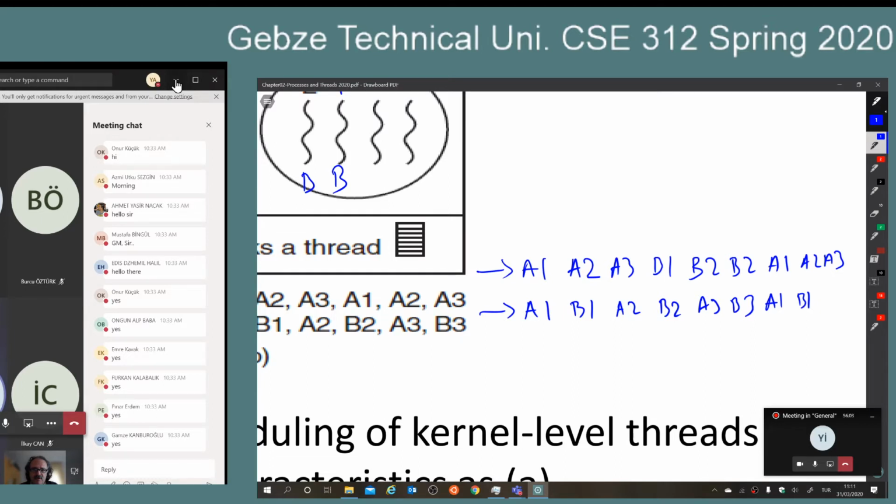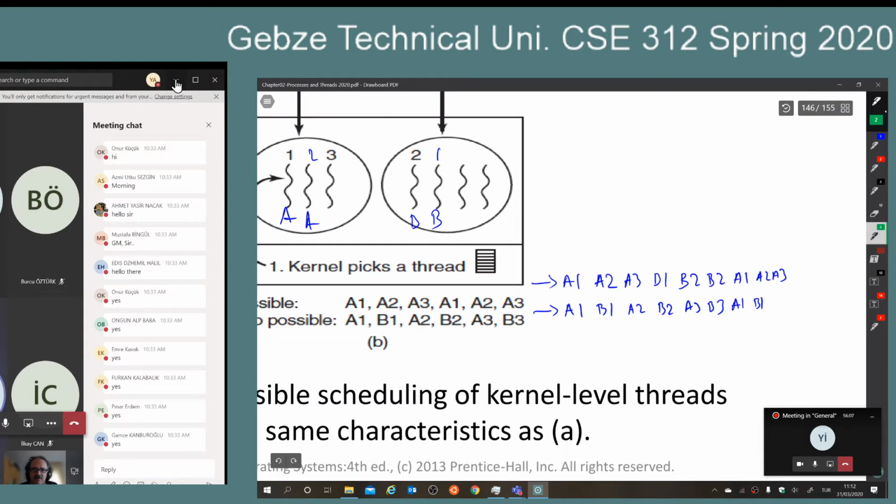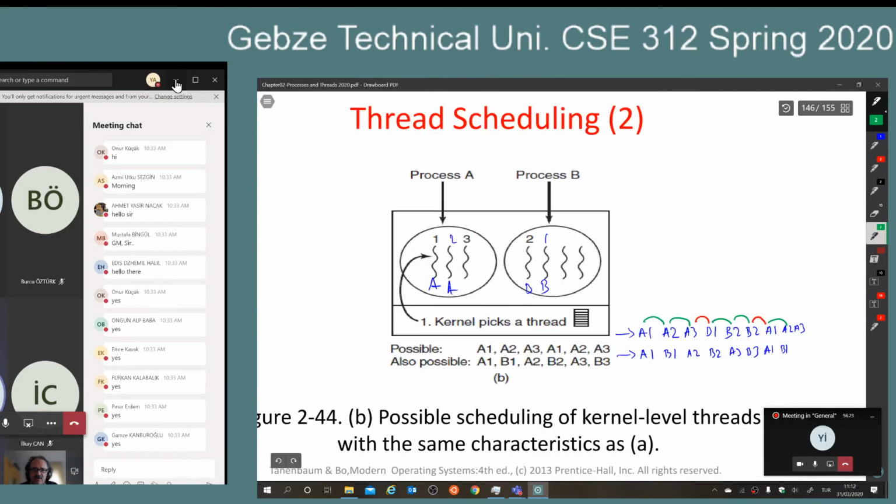Well, it is both true and false because when you do this, there is a context switch here and there is a context switch. But this red context switch is more expensive than the green ones. Why? Because you are changing your address space, right?